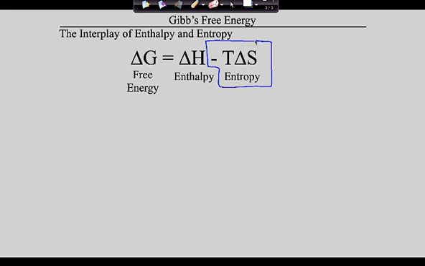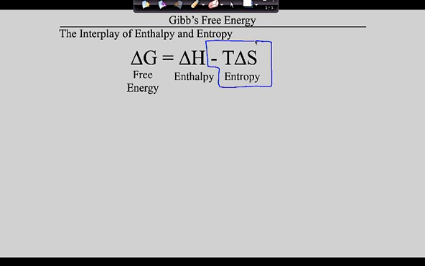And what you're also going to find out is that this is a subtractive relationship, and you'll see why in a minute. So we consider that entire negative T delta S to be our entropy term, and you'll see why in a second. So, like if someone were to ask me the question, hey, well, the AP test or something like that, what is the entropy term? I wouldn't just say delta S, I would say negative T delta S. What is the abbreviation for entropy? S, or delta S if it's changed.